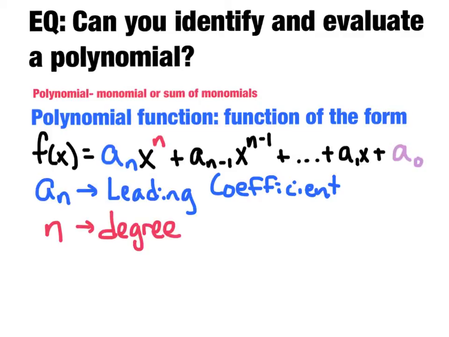With polynomials, it's really important to know the highest degree of the polynomial, which is just whatever the biggest exponent is. And then finally, this a sub 0 is our constant. So just a number. It has no variable on it.